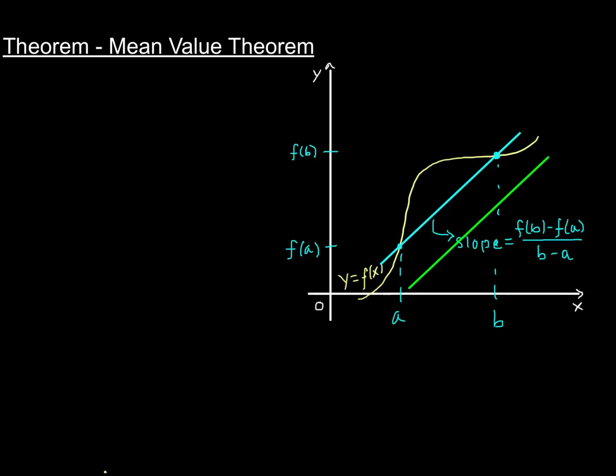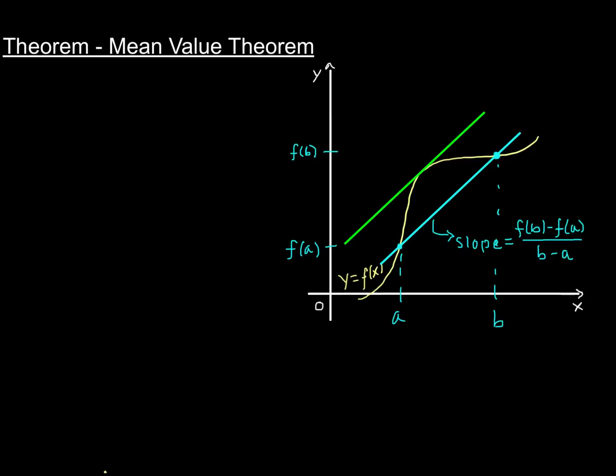Alright, so here is this carbon copy, and you can verify here that it is the exact same slope. And what I'm going to do is take this carbon copy, which has the same slope, and line it up with the part of the graph in between A and B that it seems to match up with. So if I go right here, it appears as though the function at that exact instant will have this same slope. And this green line now represents the tangent to the curve at this particular point. In other words, this tangent to the curve has the same slope as the blue line.